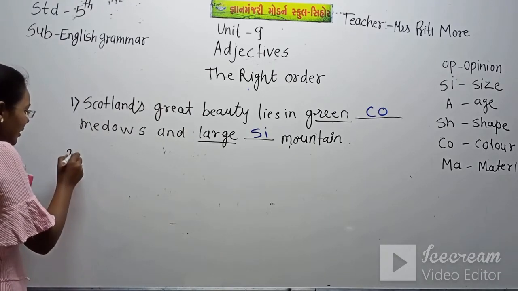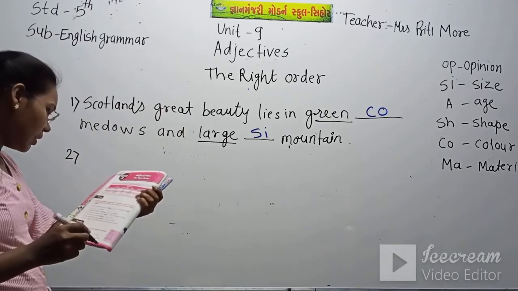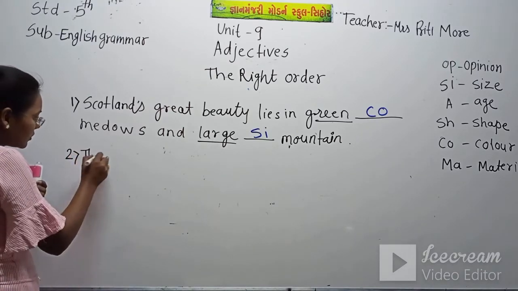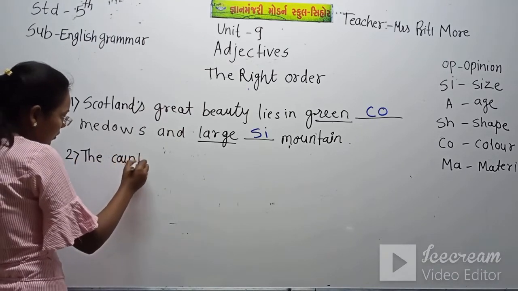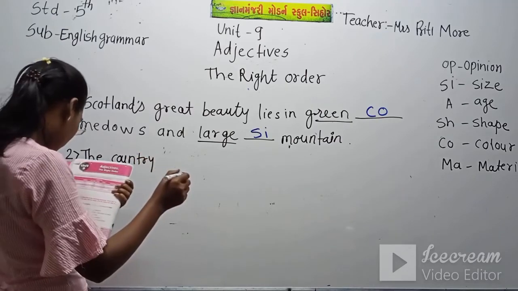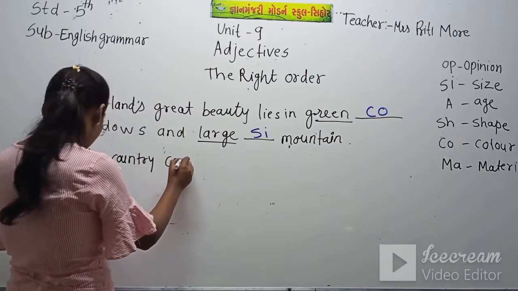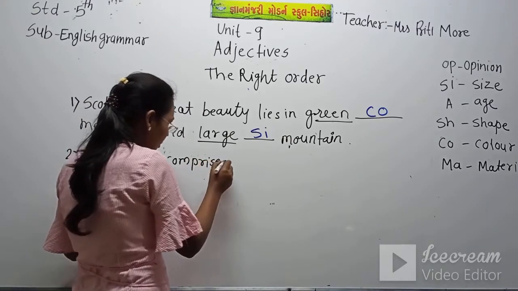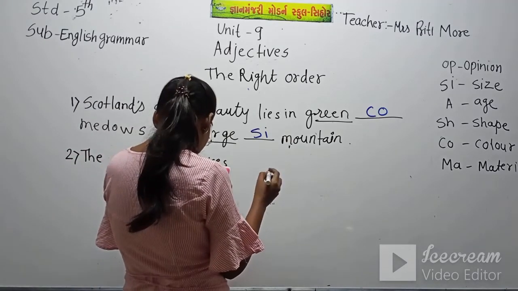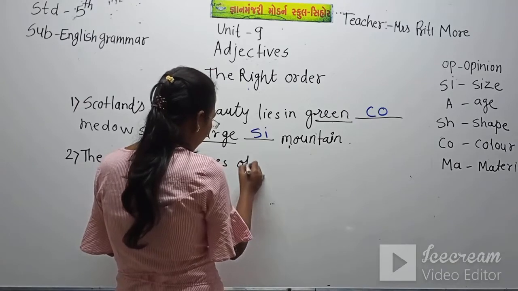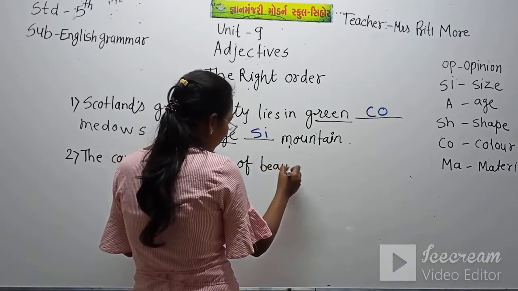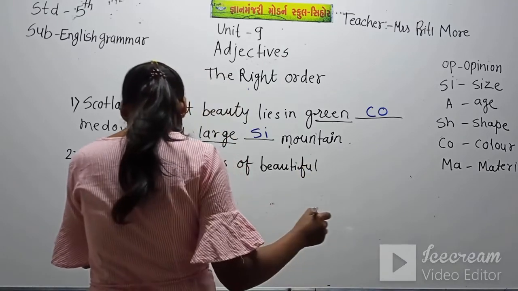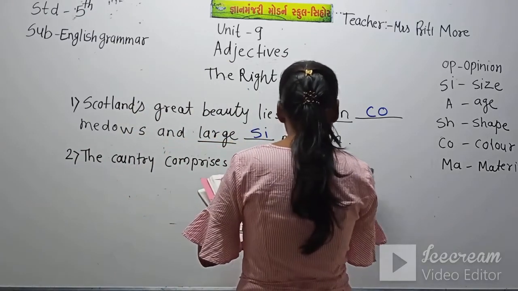Now the second sentence. The country comprises of beautiful, blank space, highlands.